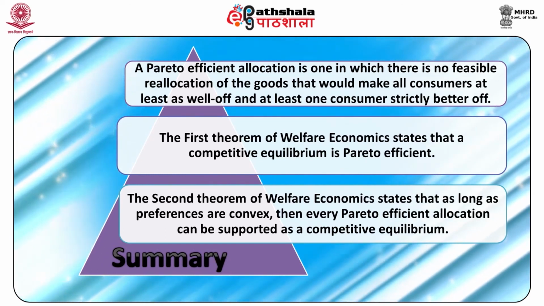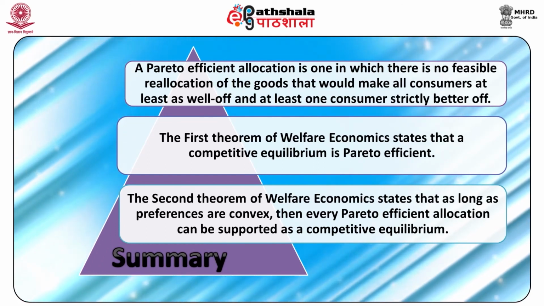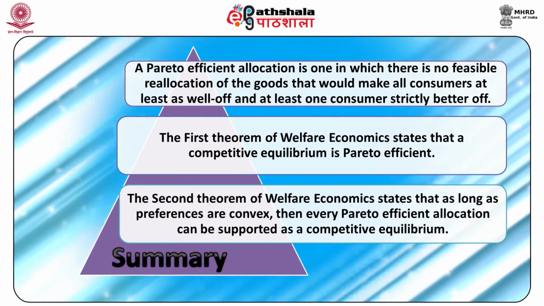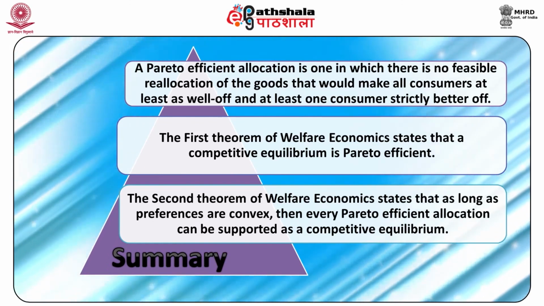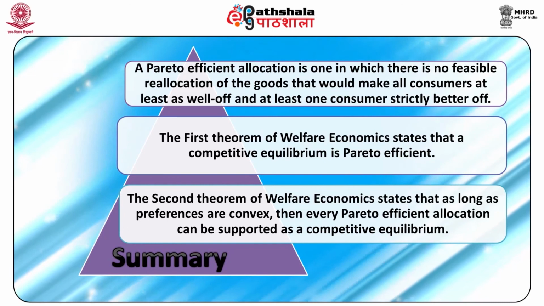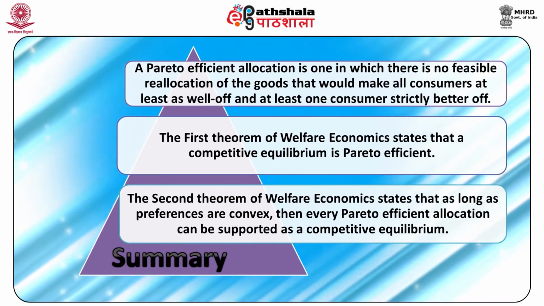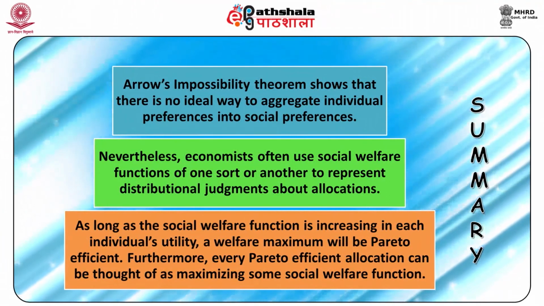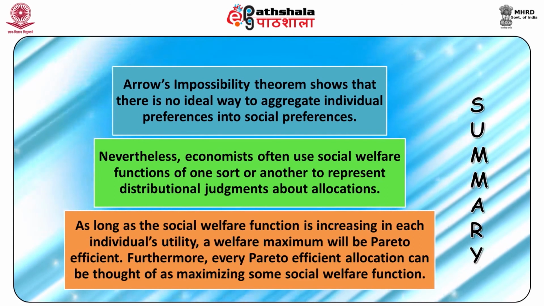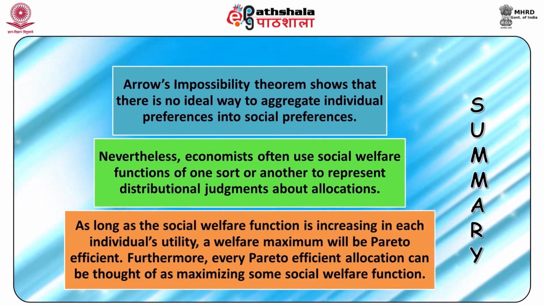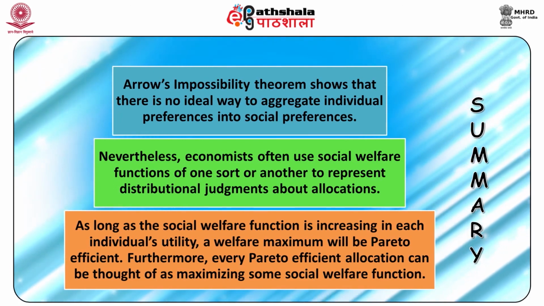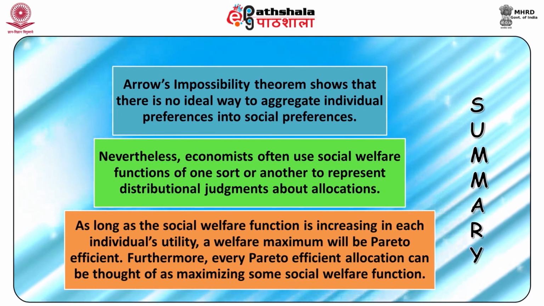3. The second theorem of welfare economics states that as long as preferences are convex, then every Pareto efficient allocation can be supported as a competitive equilibrium. 4. Arrow's impossibility theorem shows that there is no ideal way to aggregate individual preferences into social preferences. 5.